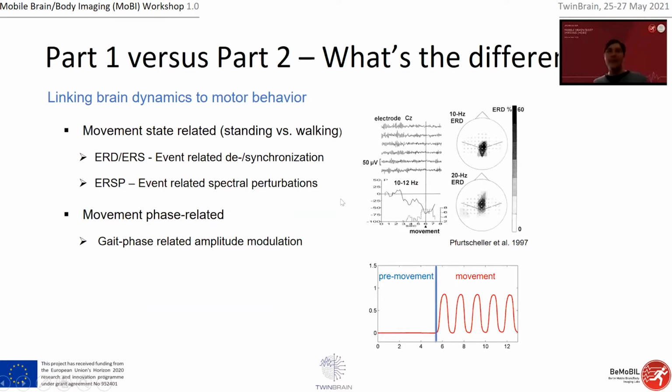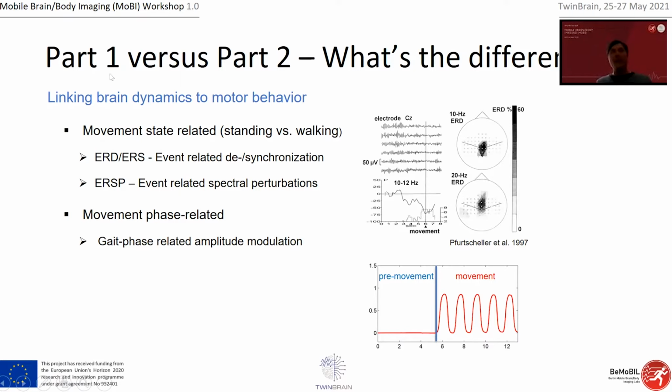So in that spirit, in this first and second part, I'm trying to highlight the difference between the first and second part. If you sit down with a colleague and talk about, well, what is gait? If somebody did not know that, one could say gait is a certain kind of movement, right? You move, and the contrast is you don't move, you stand still or you sit. So that is just a simple contrast, meaning a binary comparison.